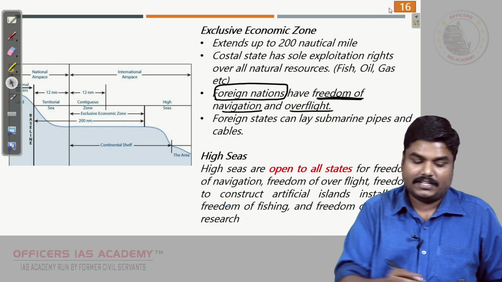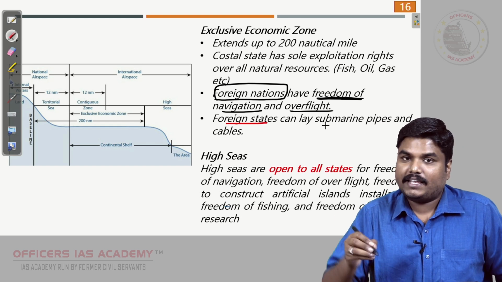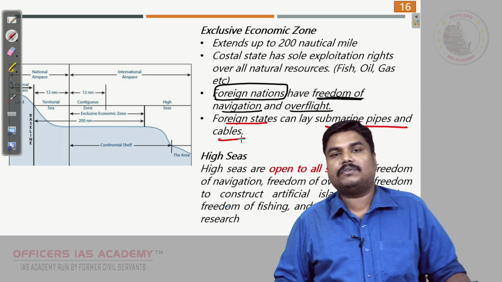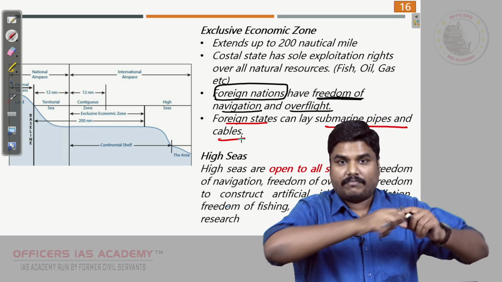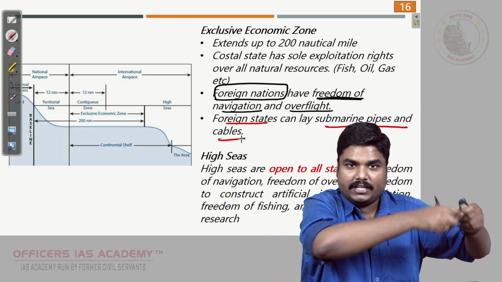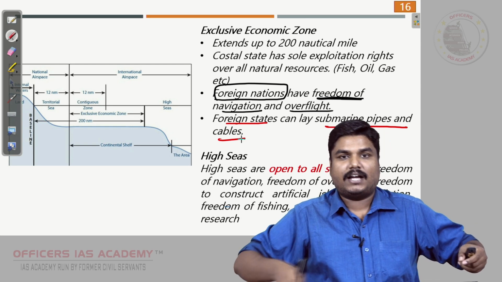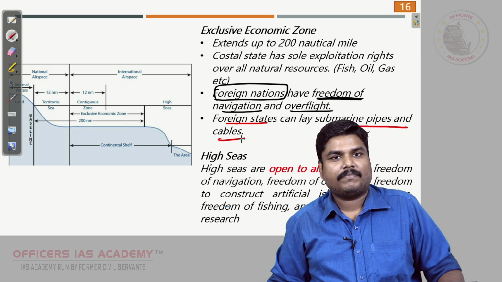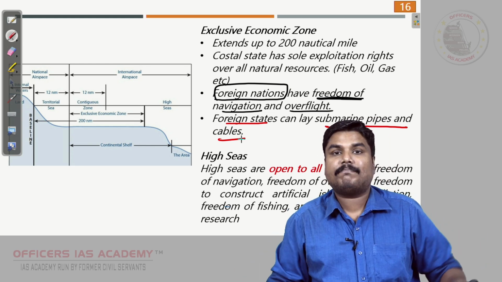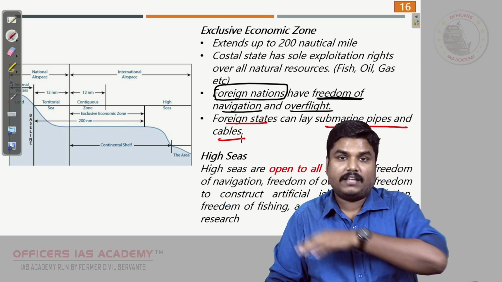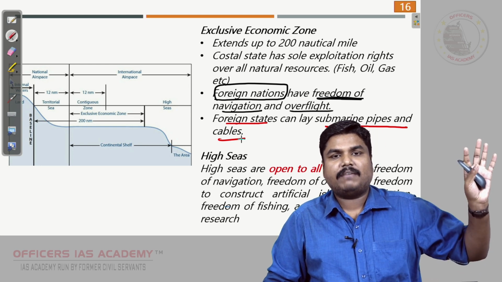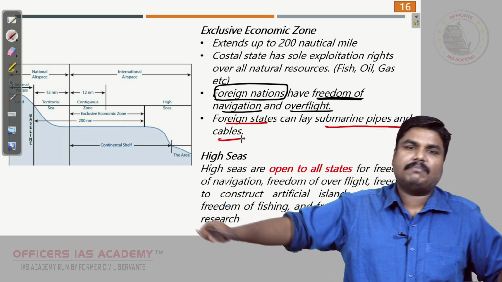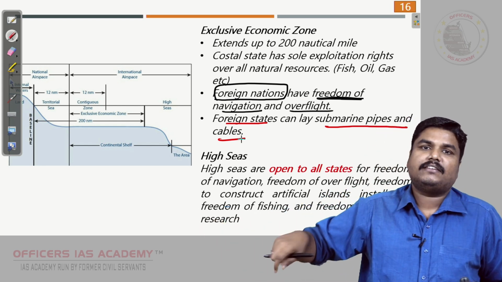Not just that, foreign states can also lay submarine pipes and cables in this exclusive economic zone, right. One country may be bringing natural gas through an underground or undersea pipe, or laying fiber net cable under the sea.